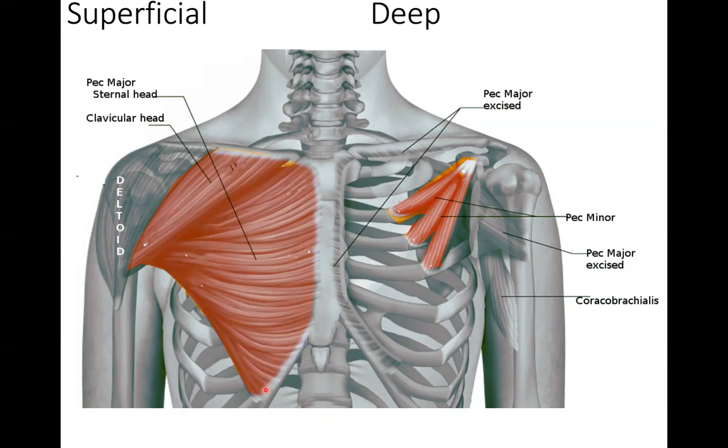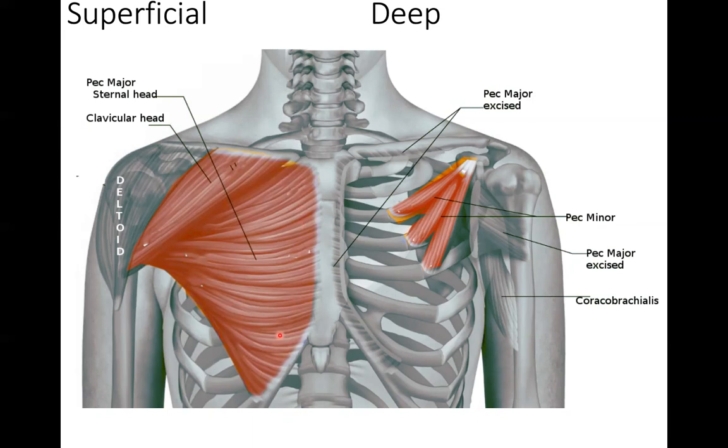So a really broad origin. And then all of these fascicles converge onto the humerus, that lateral margin of the intertubercular groove and the greater tubercle. So it's a convergent fascicle arrangement in pectoralis major.